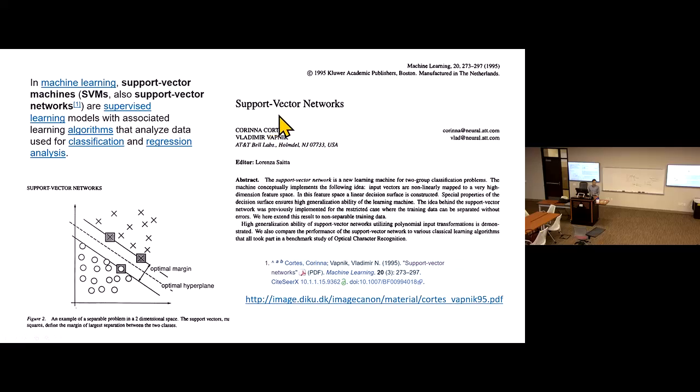Support vectors are data points, right? The support vectors are these gray ones. They are close to the divider line, the nearest data points to the separation plane or separation line. Those are called support vectors. They support the classification, the separation of these two classes.